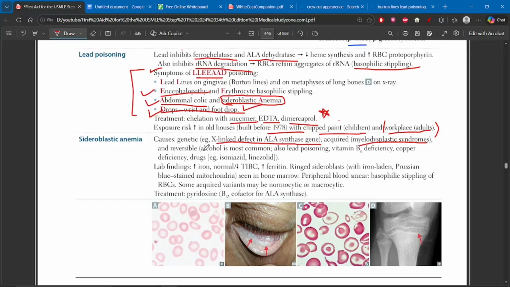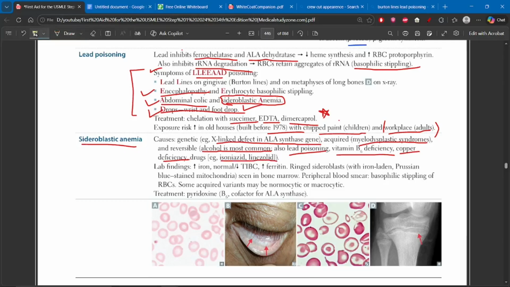Alcohol is the most common reversible cause. So this is an important point that alcohol is the most common cause of sideroblastic anemia, the most common reversible cause. Reversible causes also include lead poisoning that we studied just before, vitamin B6 deficiency, very important, and copper deficiency, and isoniazid also causes it.